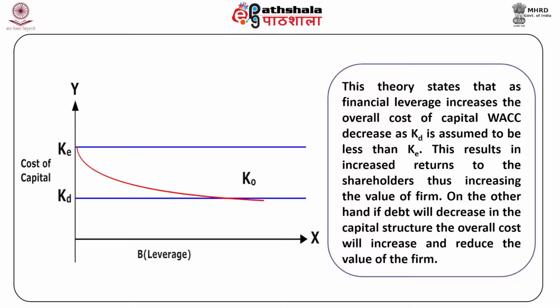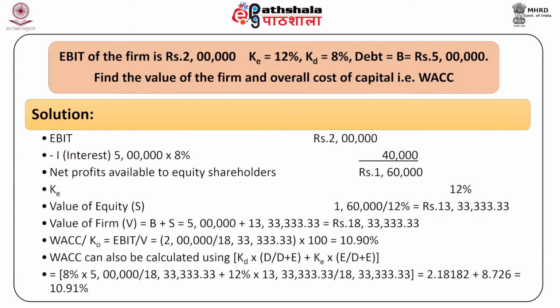This results in increased returns to the shareholders, thus increasing the value of the firm. On the other hand, if debt decreases in the capital structure, the overall cost will increase and reduce the value of the firm. Let's look at illustration 1.